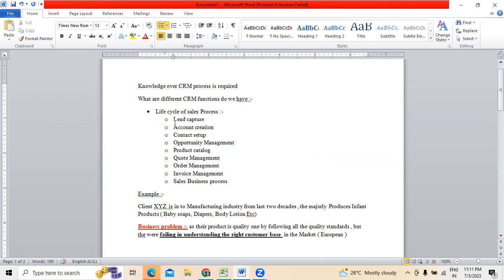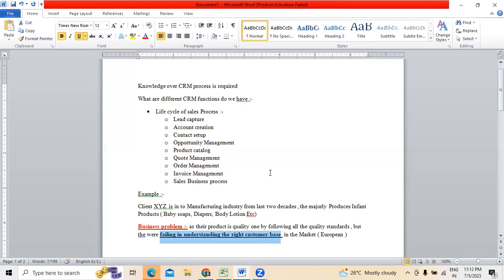Here, the business problem is that they are failing in understanding the right customer base. That's what they are struggling with. If they want to sell products to the market, they were doing it for a very long time, but still somewhere they are failing, because all the markets are not the same. The customers, geographical conditions and topographical conditions all differ, and it matters.